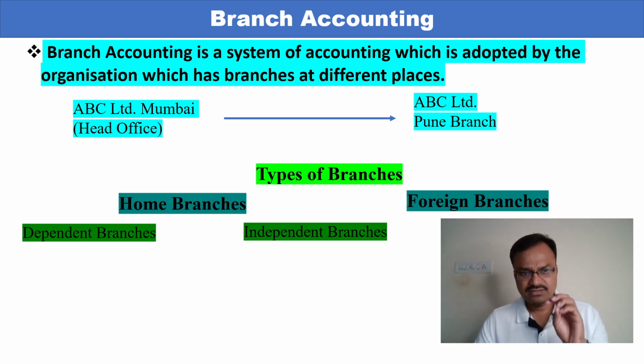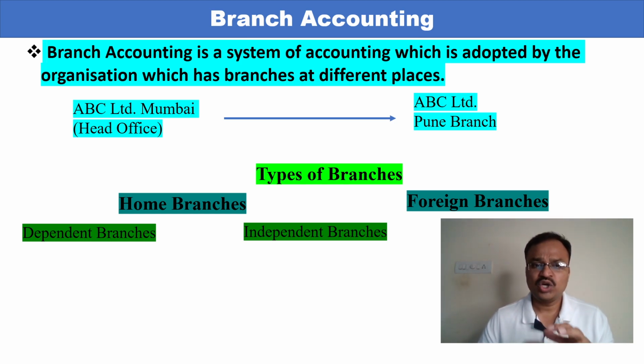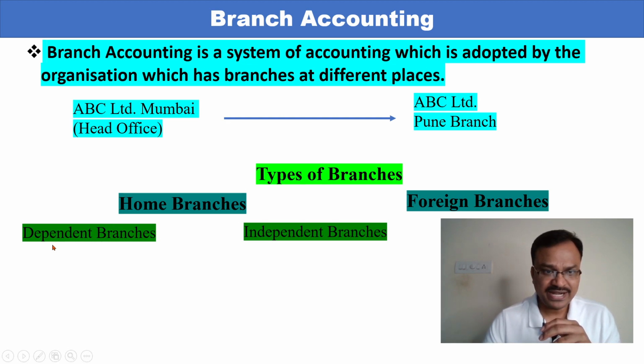They cannot take their own decisions, and they cannot make purchases from the open market. They are not even allowed to make payments to meet various expenses on their own. So dependent branches are totally dependent on the head office.